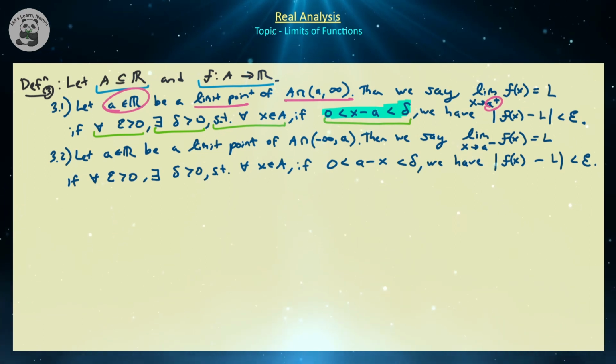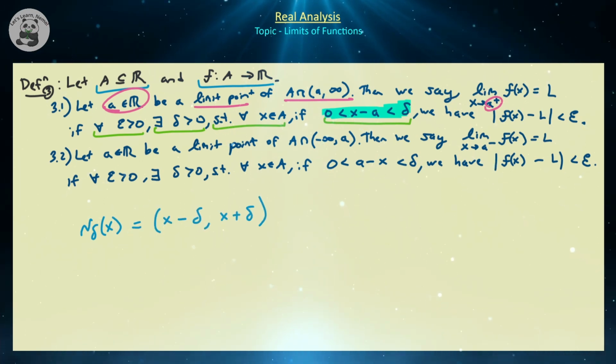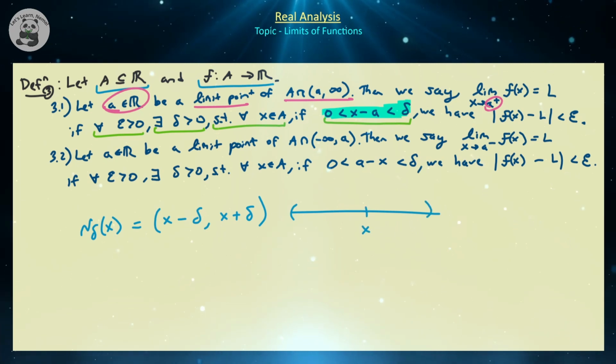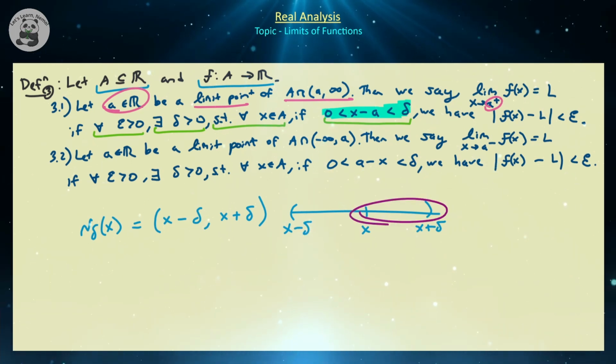So if we look at sort of a picture, for example, our neighborhood of x, which is typically x minus delta and x plus delta. So if we look at our little picture here, x plus delta, and x minus delta, we want this distance here to be arbitrarily small, and the left-hand side doesn't even have to exist for right-sided limits.